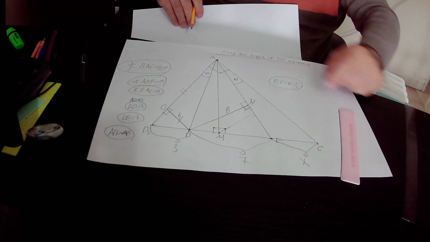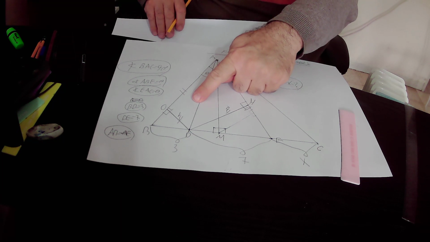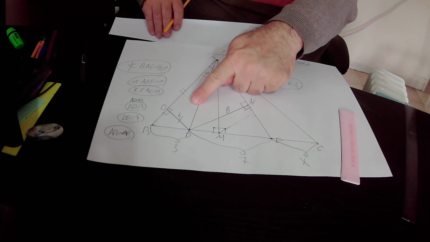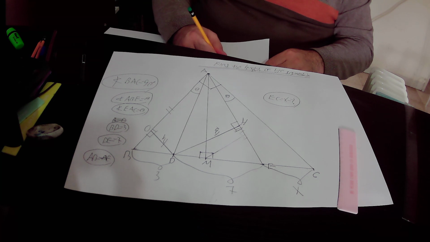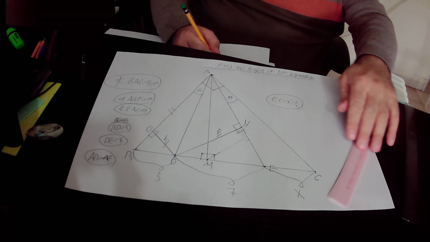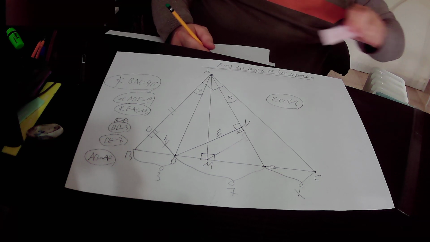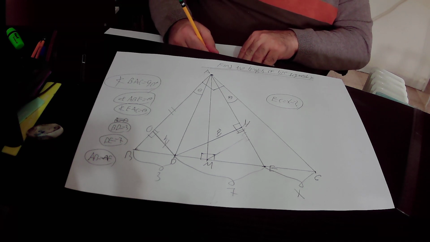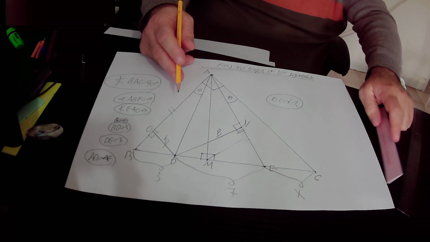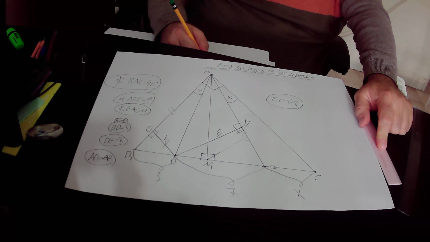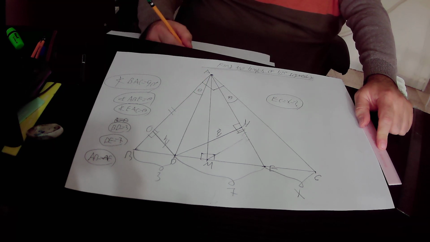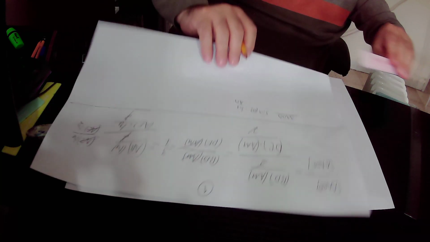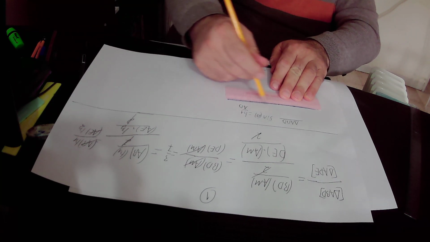So we calculate the value of H1. Here we have the right triangle AOD. In the right triangle AOD, we get that sine theta equals H1 over AD.